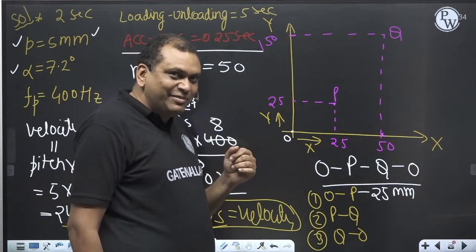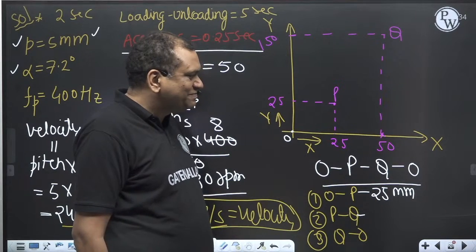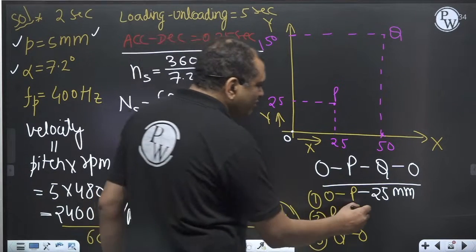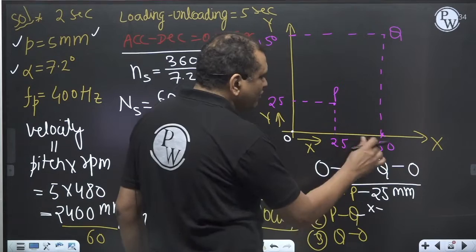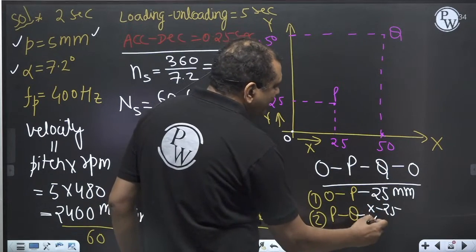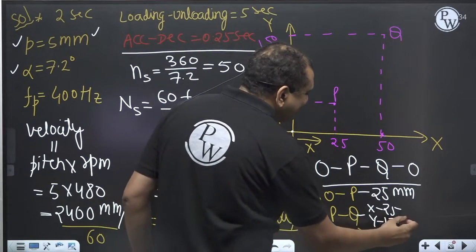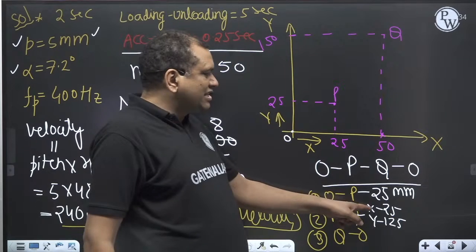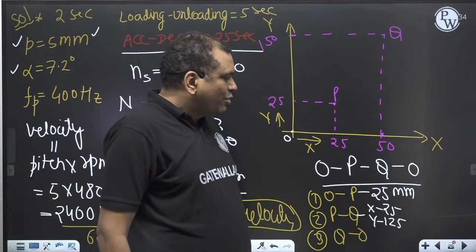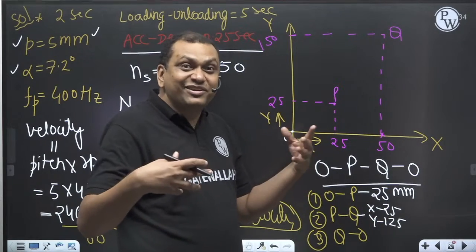Now can you tell me how much will be the movement in P to Q? The X stepper moves 25 millimeters, correct, but the Y stepper moves 125 millimeters.